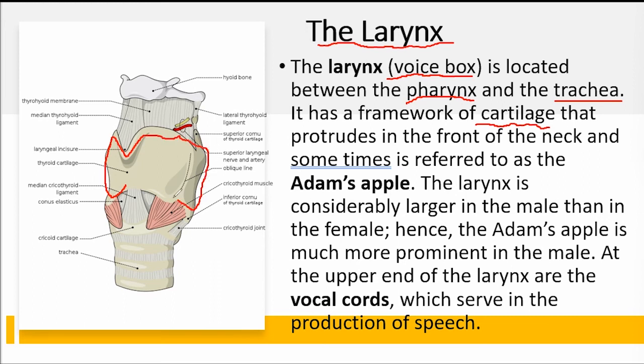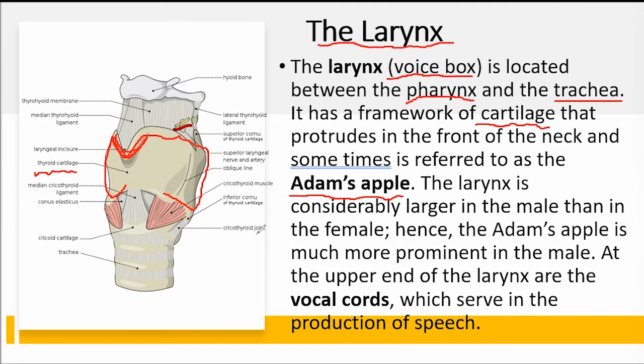Because it is located very close to the thyroid gland, we name it thyroid cartilage. And this bigger part we also call the Adam's apple. It belongs to part of the thyroid cartilage.